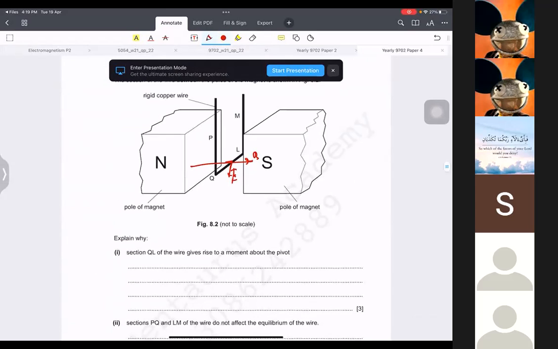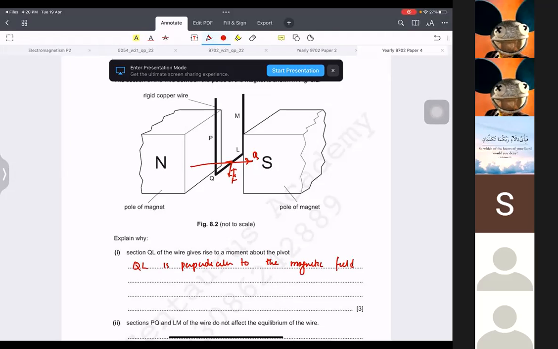Why QL? We say that QL is perpendicular to the magnetic field. First of all, that's true.